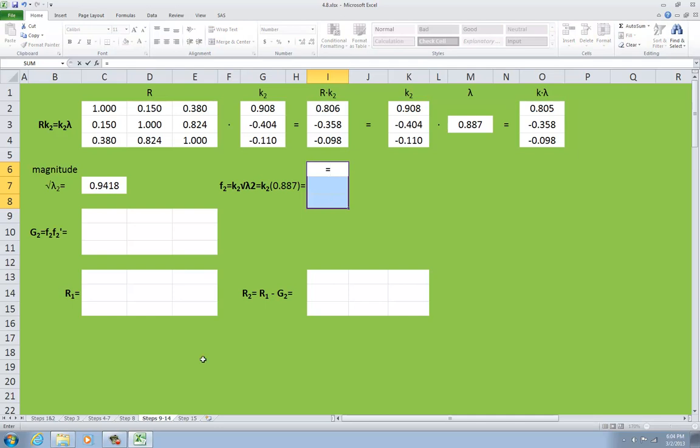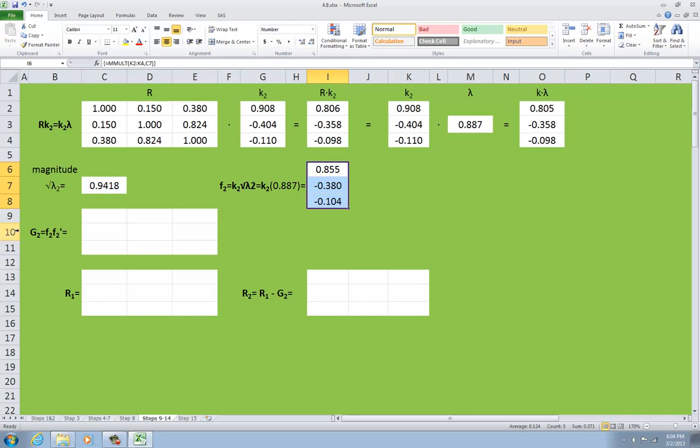So let's do matrix multiplication, our favorite thing to do in the world. Take K2, and let's take our magnitude of that, the square root of that eigenvalue, to get our vector for the factor loadings for factor 2. So we have 0.855, negative 0.38, negative 0.104 to end step 10.